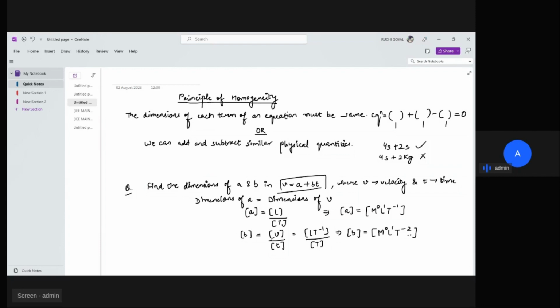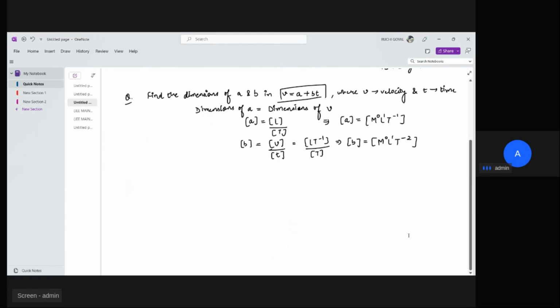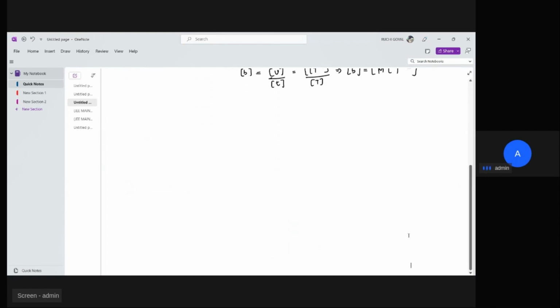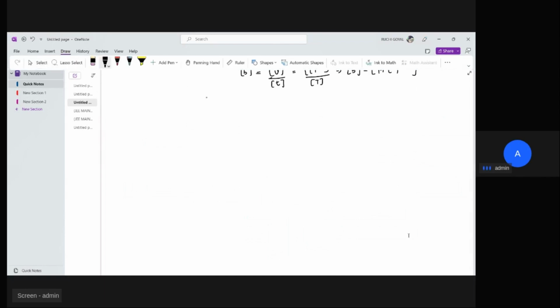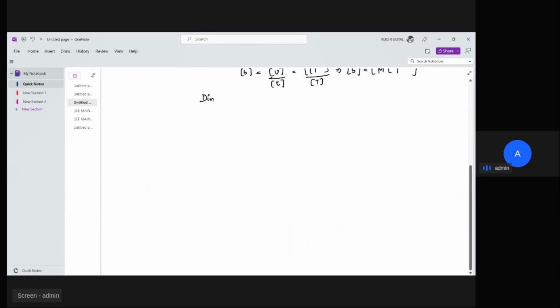The next topic we have here is dimensional analysis, because we have to find the relations between physical quantities using dimensional analysis. We will be doing more questions. First, we should understand what dimensional analysis is.